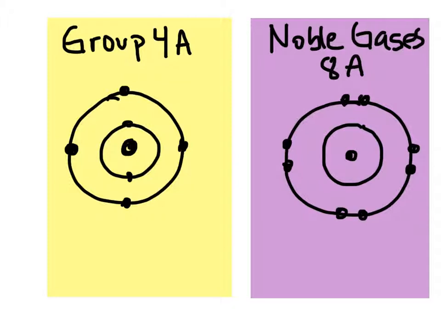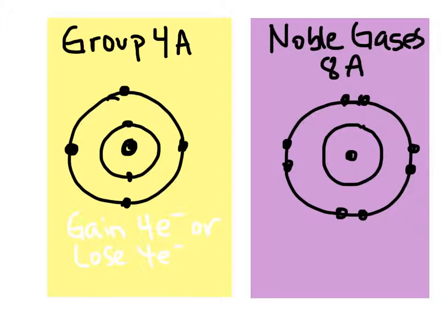He could either lose those 4 electrons or he could gain 4 more. It's an even tie. And so what you're going to do is basically write that on your papers. Either gain 4 electrons or lose 4 electrons.